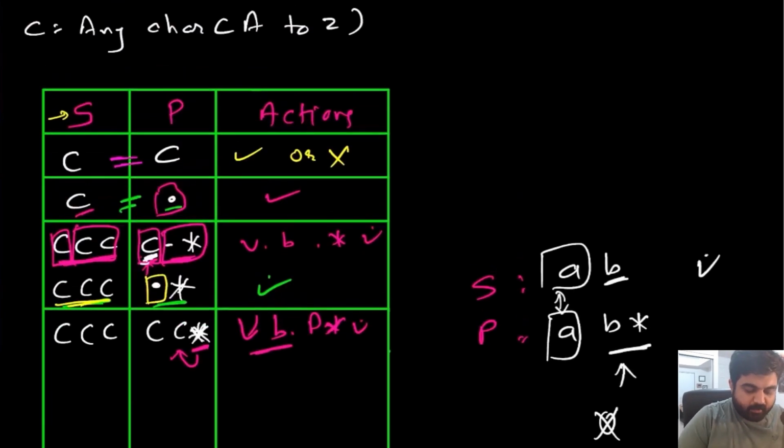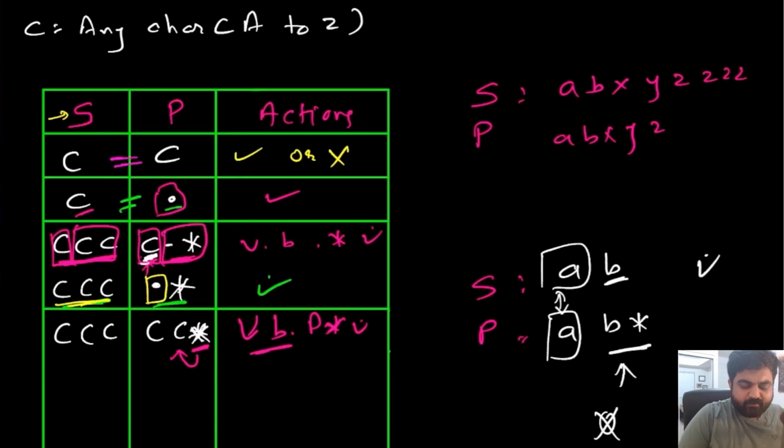There could be another possibility. We could be given a string and a P with a bunch of different values like A, B, X, Y, Z, A, B, X, Y, Z. So far everything is a match over here. And then over here we are given something like 2, 3, 4, 5 Z's, and over here we are given just a star value. In this case, how would you define whether this is a match or not? Well, definitely this is a match.